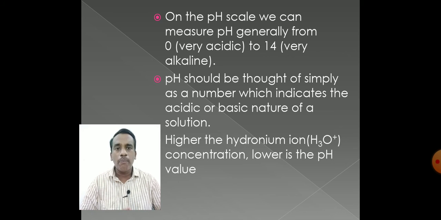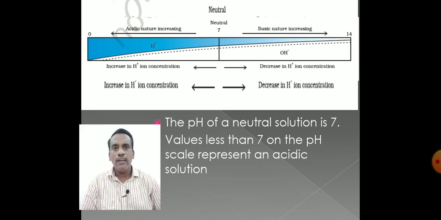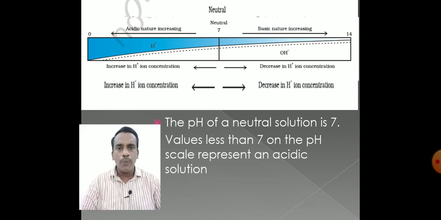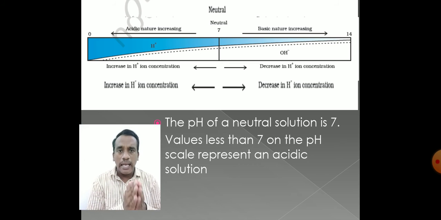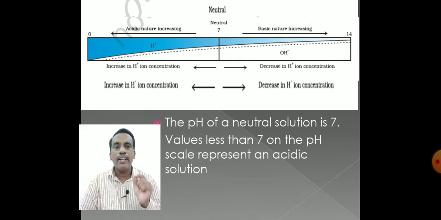We have a particular pH scale, and it ranges from the value 0 to 14. Whenever we have exactly the value 7, we say it is a neutral substance.